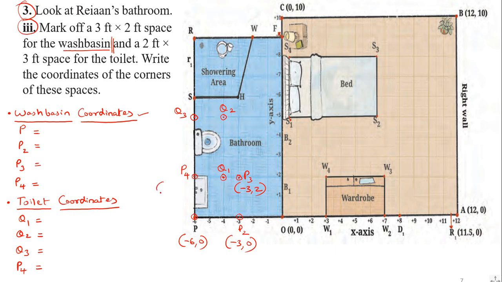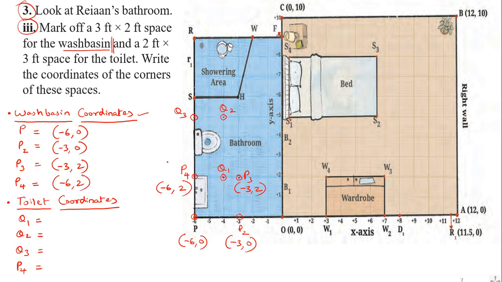And P4 is minus 6 comma 2. So these are the coordinates for the wash basin area: P is minus 6 comma 0, P2 is minus 3 comma 0, P3 is minus 3 comma 2, and P4 is minus 6 comma 2.